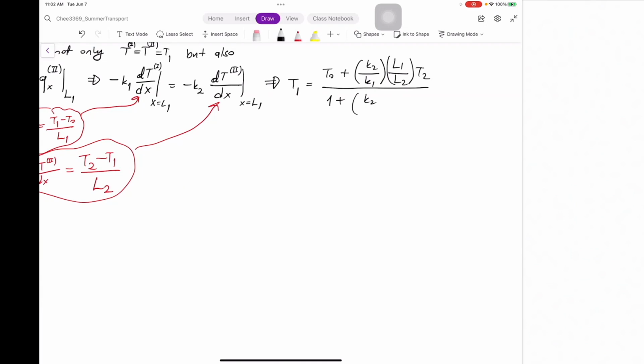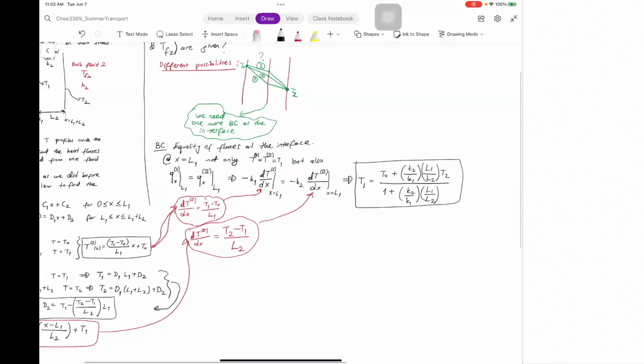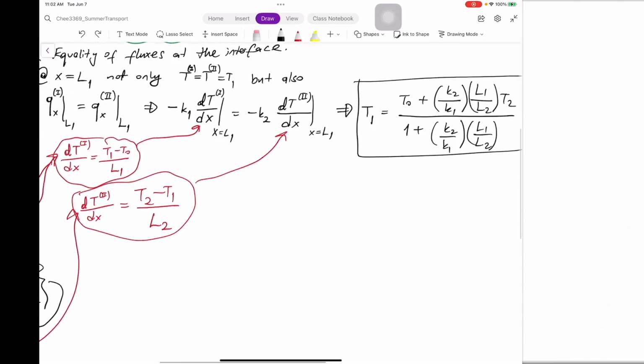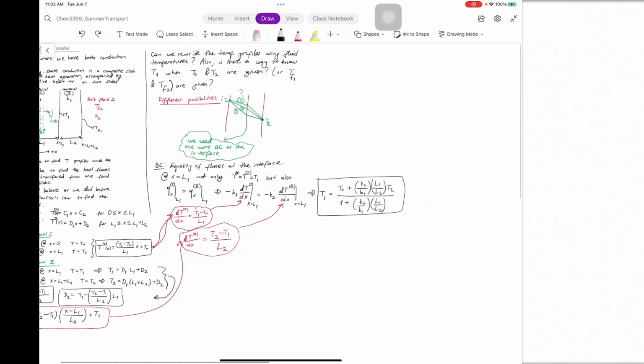So you can actually solve for T1. It's not going to be an arbitrary point here or here or here. It's going to have a particular value depending on the values of K1 and K2, because depending on K1 and K2, you're going to have a particular flux or temperature profile, right? And you should have the correct temperature profile, which gives you the fluxes equal to each other at the interface. Okay, any questions so far?